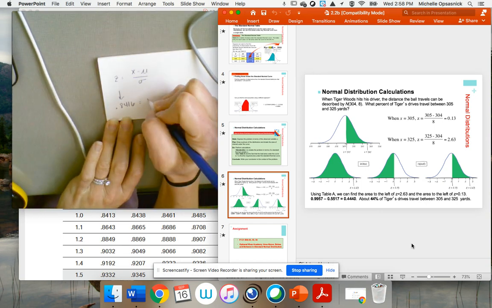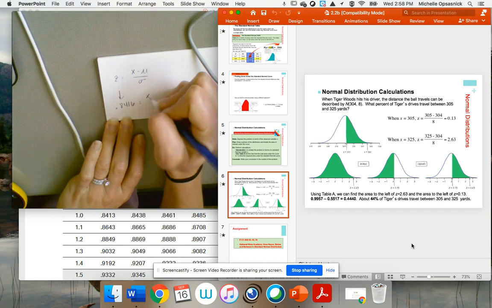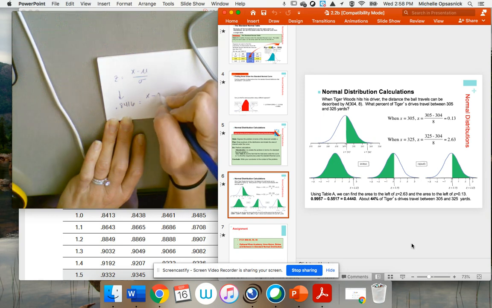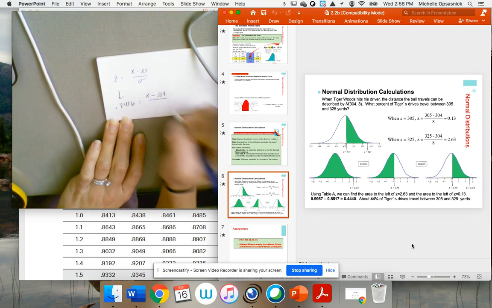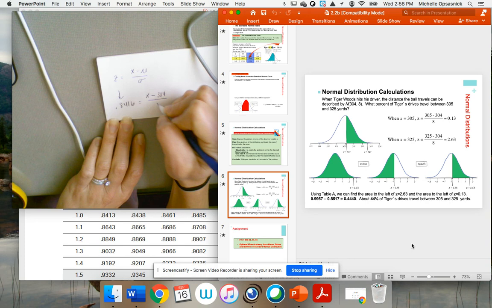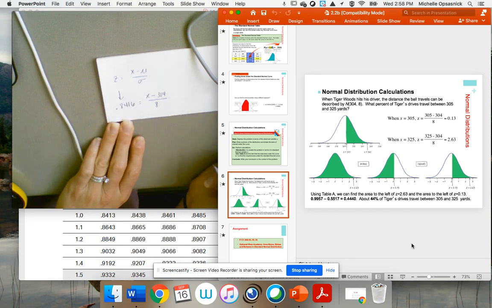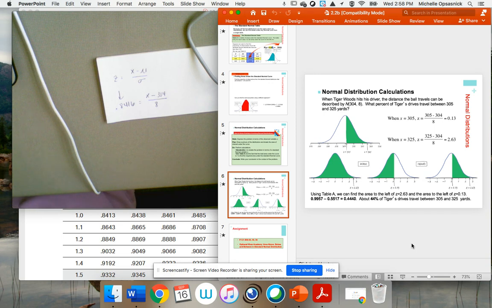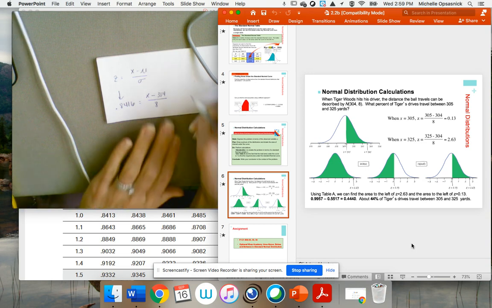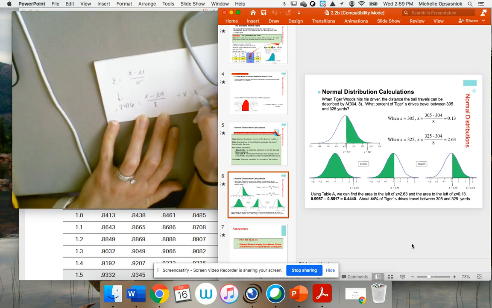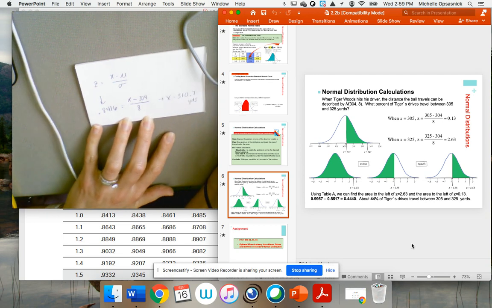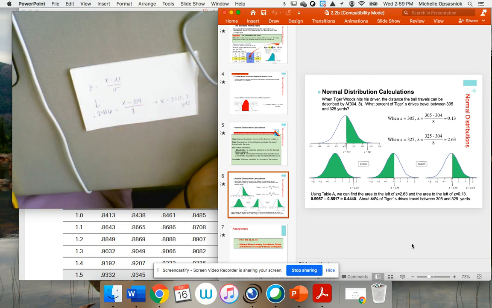That's equal to some unknown drive distance minus the mean of his drive distances, which was the 304, over the standard deviation of the drive distances, which was 8. And then I solve for x. So I multiply both sides of the equation by 8, and then I add 304, and that gives me x equals, we'll say, 310.7 yards. So that would mark the 80th percentile of his drives.